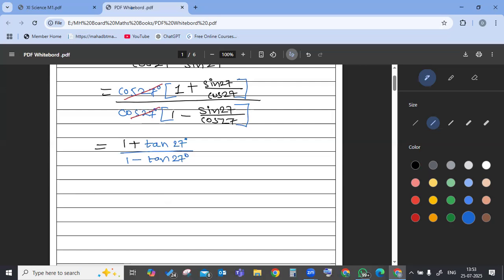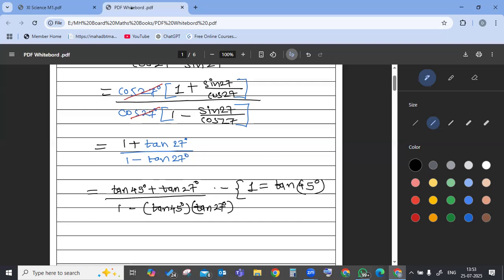Now, in place of 1, we take tan 45, as this measure is in degrees. So it is tan 45 plus tan 27 degrees upon 1 minus tan 45, it is 1, into tan 27 degree. So it is equal to what?